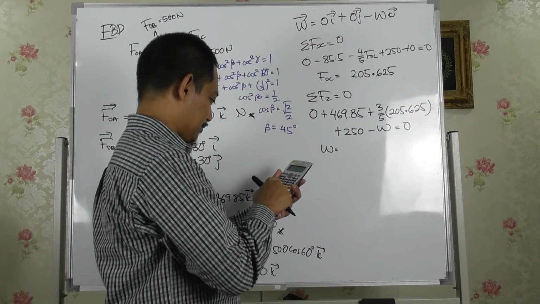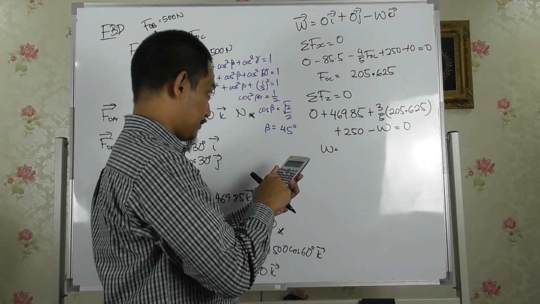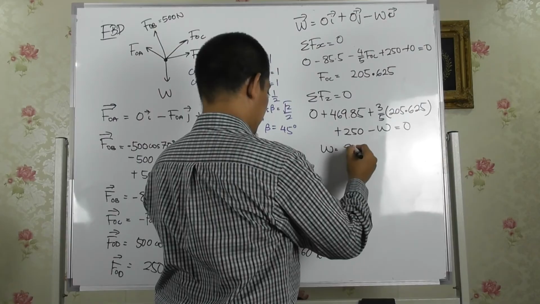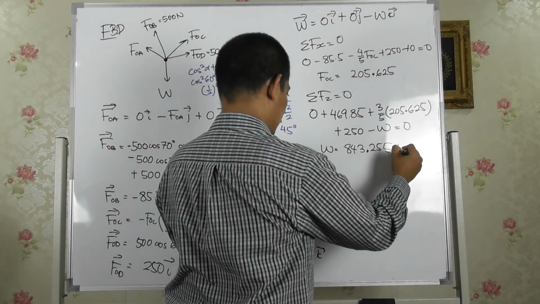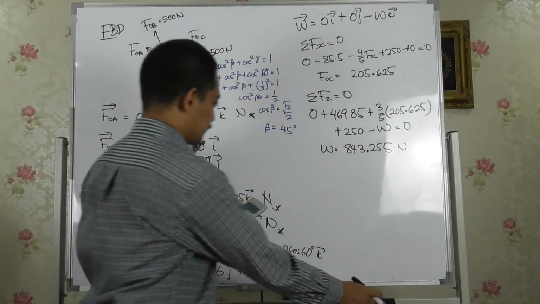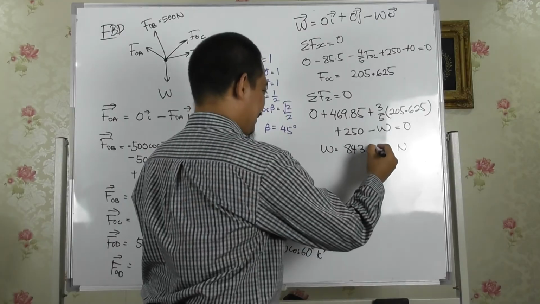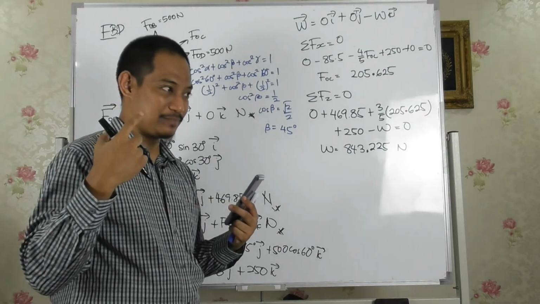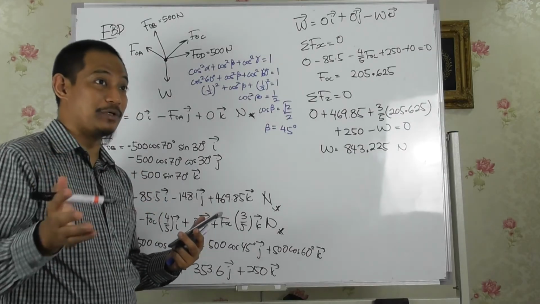Plus 3/5 multiplied by 205.625 plus 250. So you get 843.225. Is it Newton?